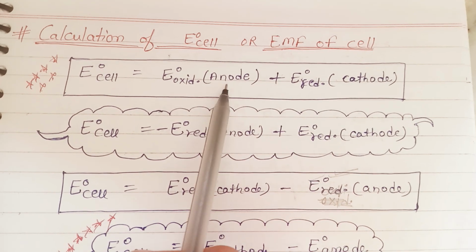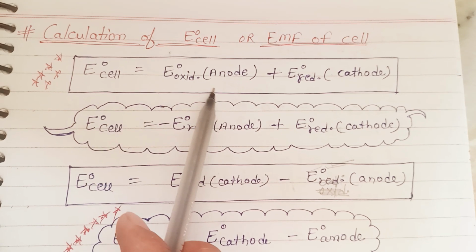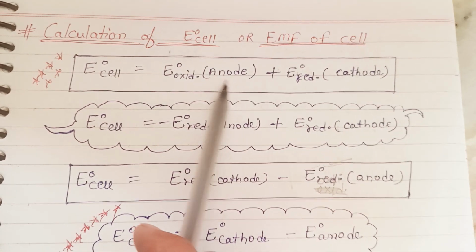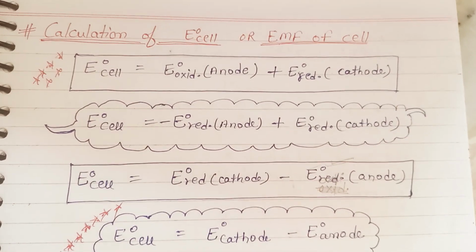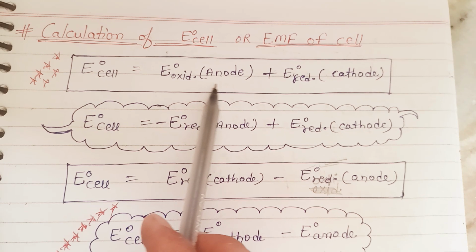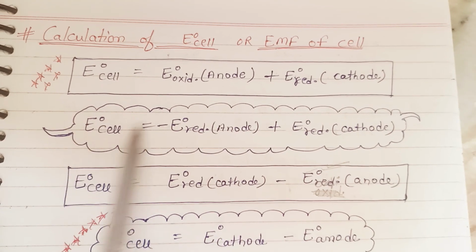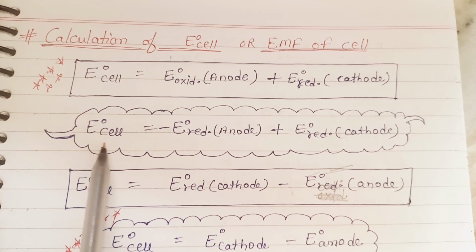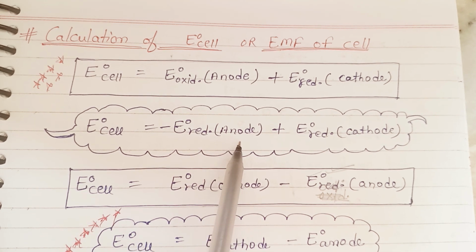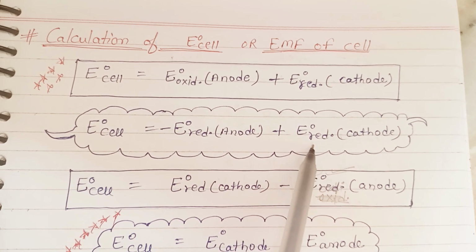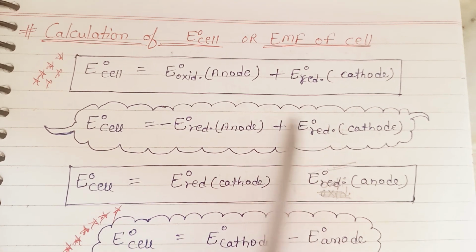So we have studied earlier that oxidation occurs on the left side, and anode takes place there. So anode has negative charge and cathode has positive charge. So if we write E naught of cell is minus E naught reduction anode plus E naught reduction cathode, we can rearrange this equation.